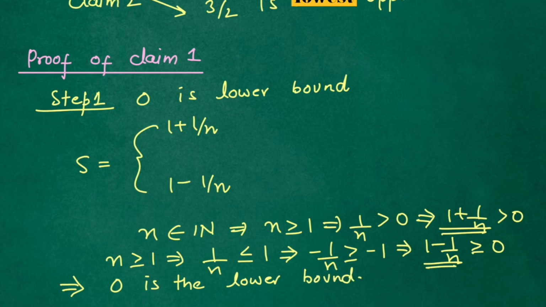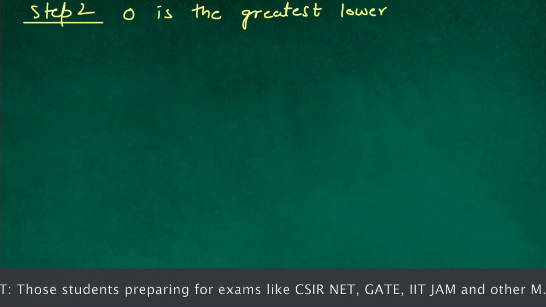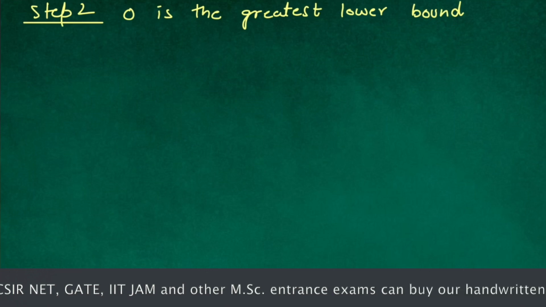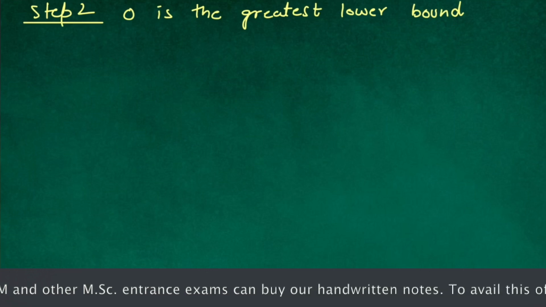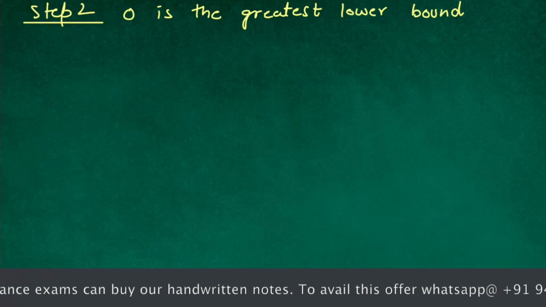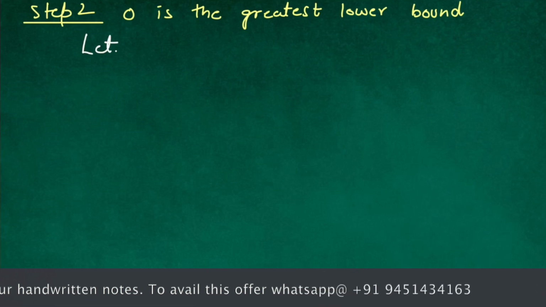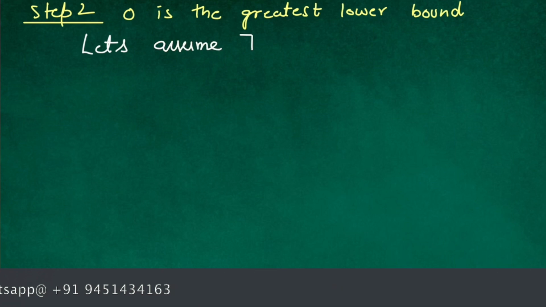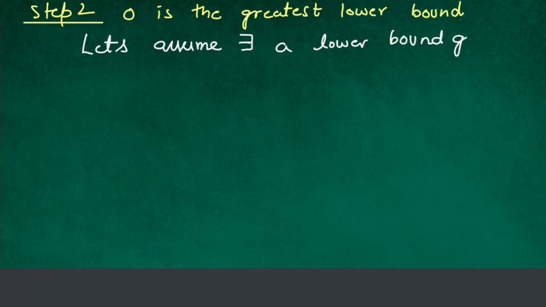Right? Now let's prove step 2, that 0 is the greatest lower bound. For this, let us first assume that there exists a lower bound which is greater than 0.